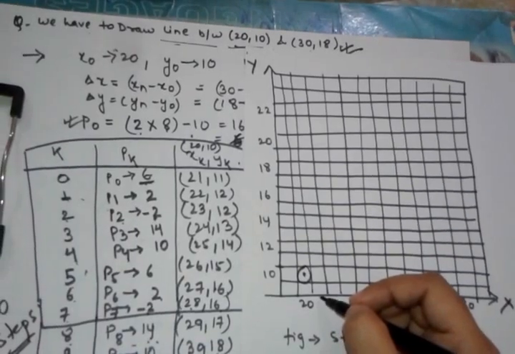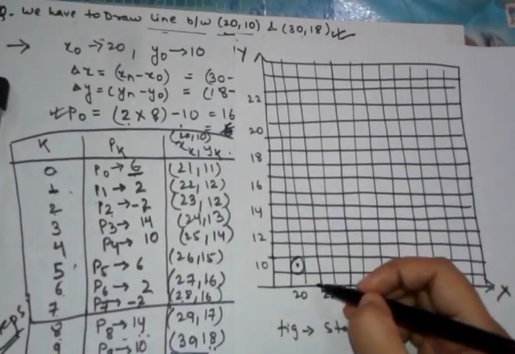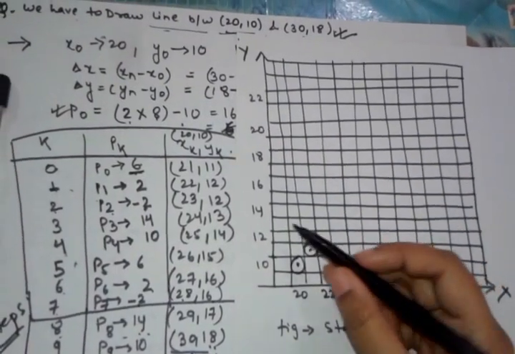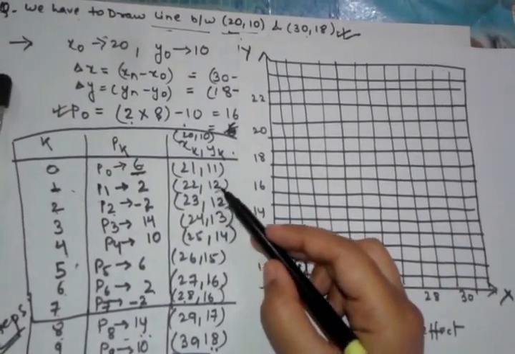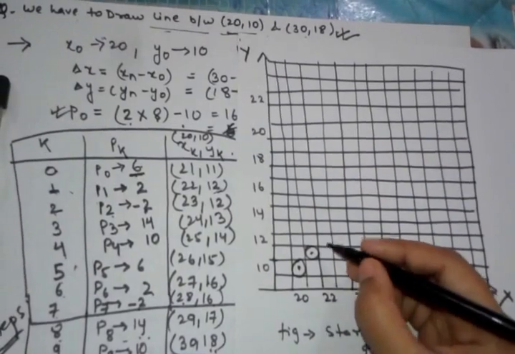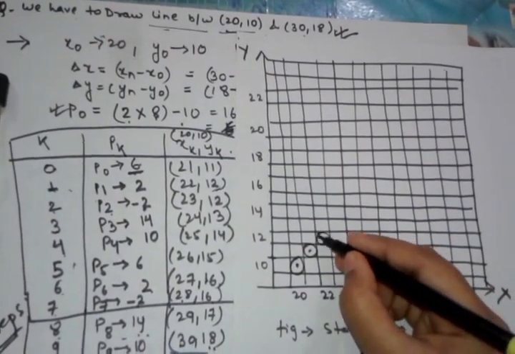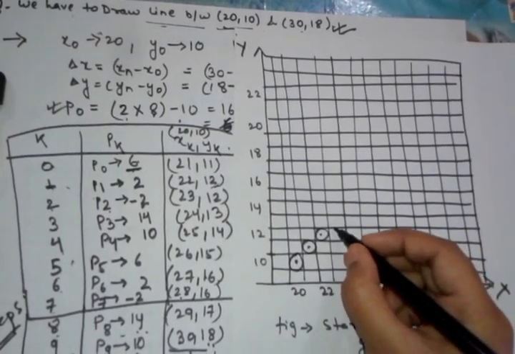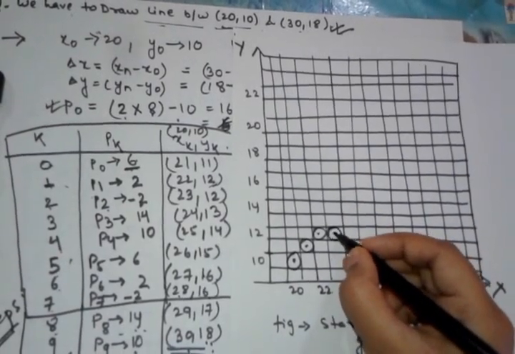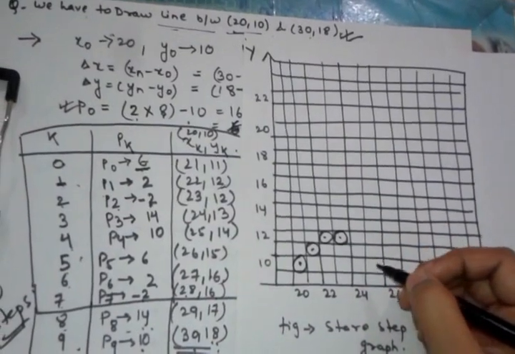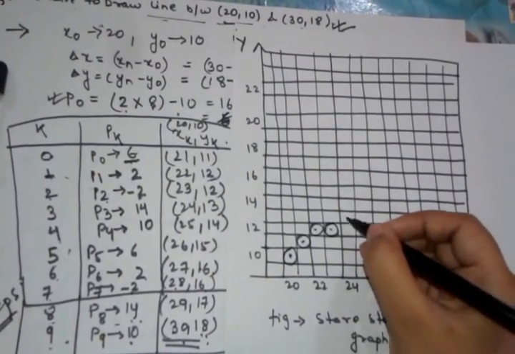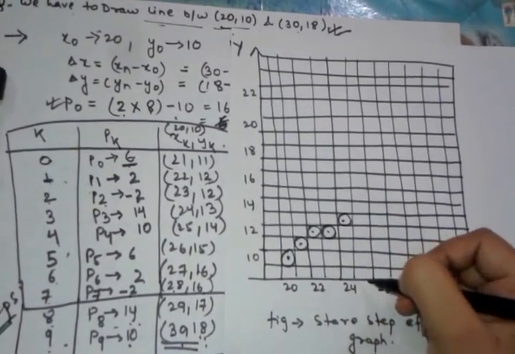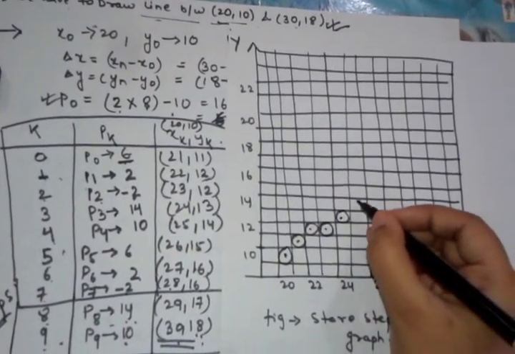The next value is 21 and 11, this box. The next value is 22 and 12, this box. The next value is 23 and 12, this block. The next is 24 and 13, this block. The next is 25 and 14.